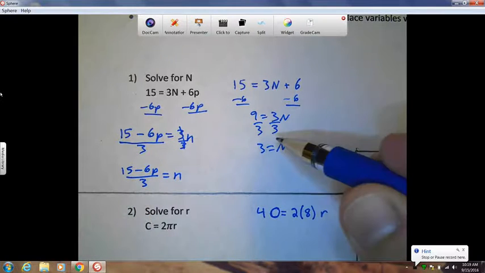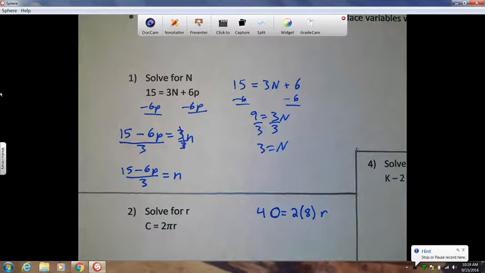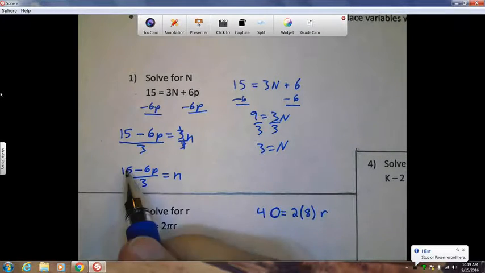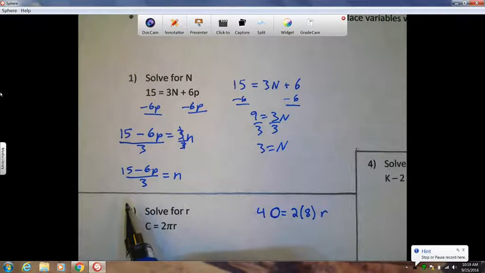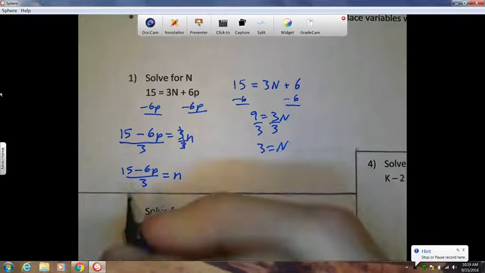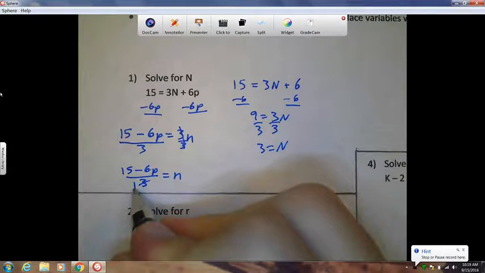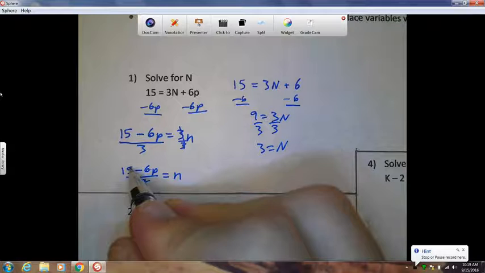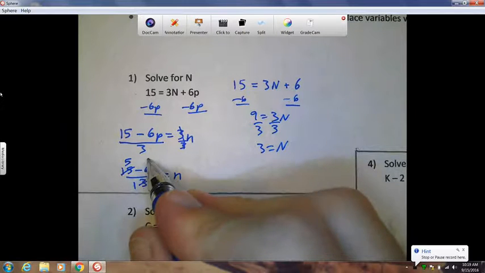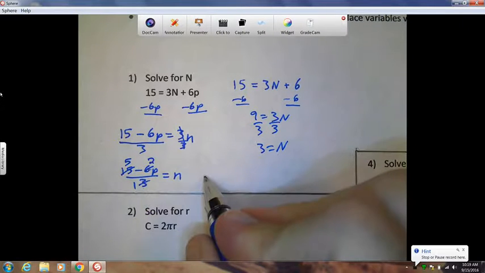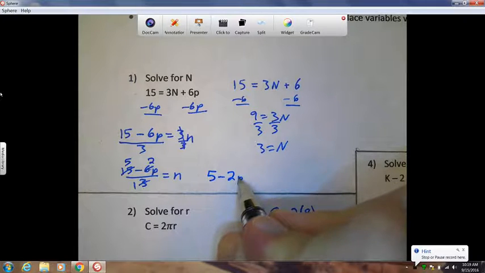One last thing I can do, though, is simplify. That's because all of these numbers are divisible by 3. And it only works if all of these are divisible. So 3 goes into 3 one time, 5 times, and 2. So I get 5 minus 2p is equal to n.